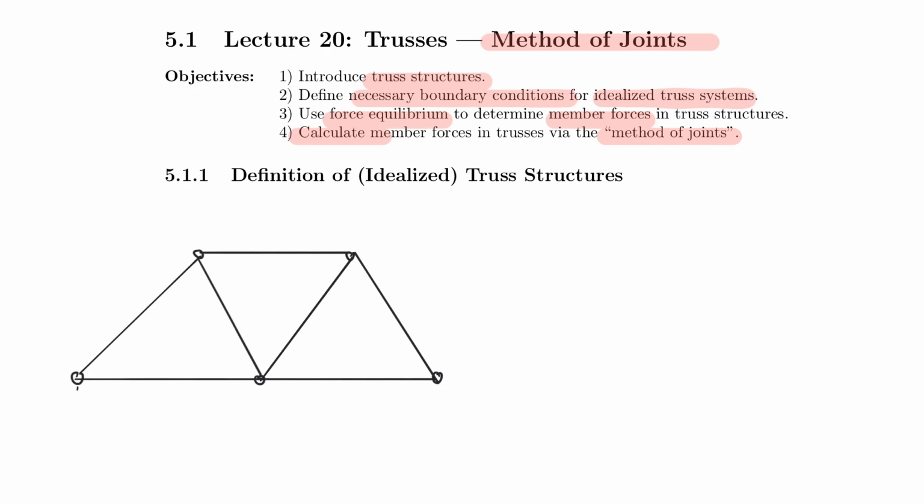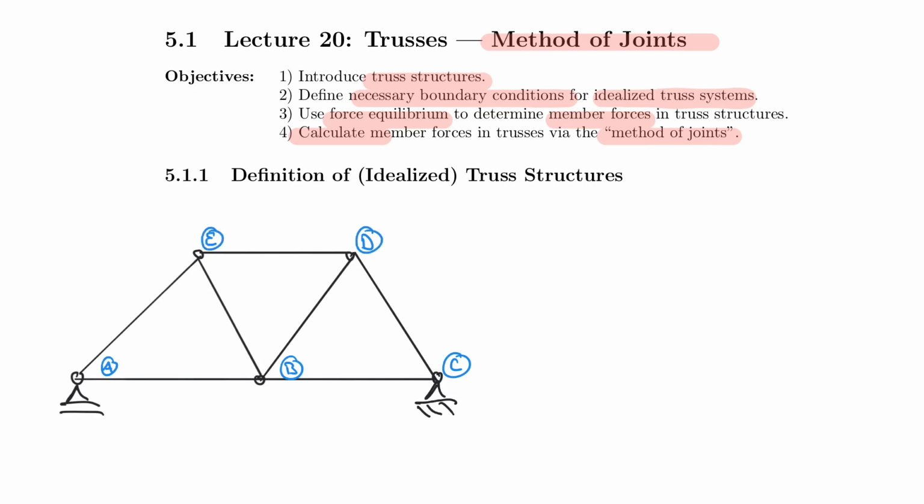And I just pretend that I have a simply supported truss structure that is externally no different than what we've talked about before. And usually what we do is we go around and name these nodes. So we have node A, node B, node C, node D, and node E.